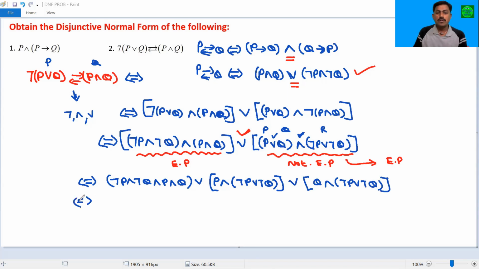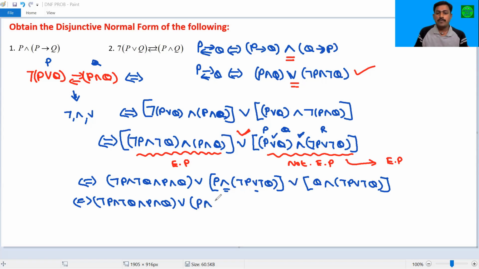Again, if you observe this bracket term, it is not an elementary product. Again, we have to apply the distributive law. Therefore, not P and not Q and P and Q are here. These two are the different symbols, and we can apply the distributive law.